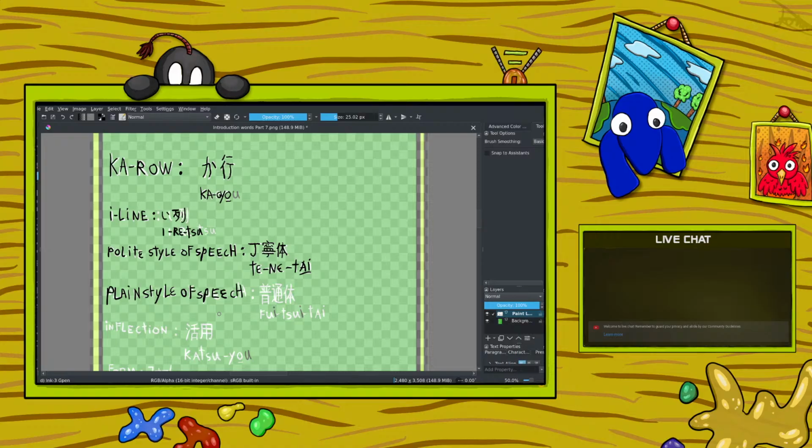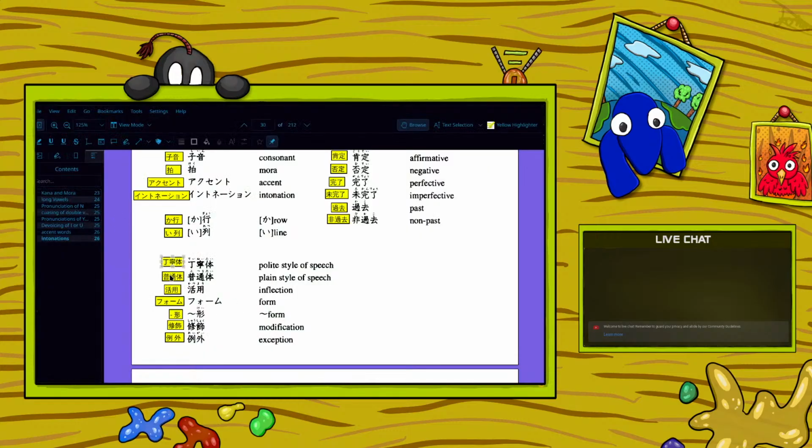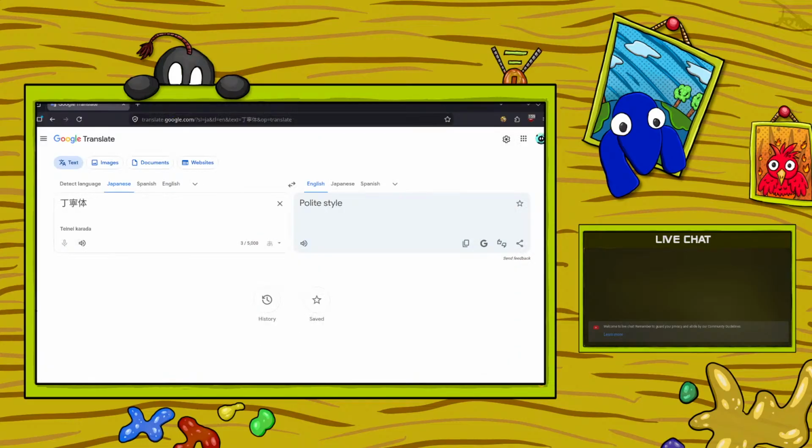So now I need to go here and here again, grab the one that I have done. Grab that futsutai, which is of course the plain style of speech. So time to put that in there. So that's a normal one. 普通体. Yeah, futsutai. Alright.